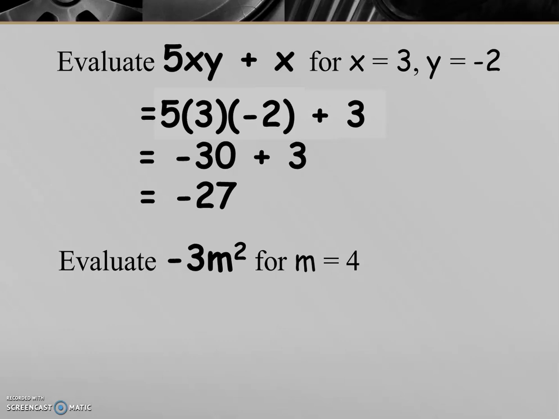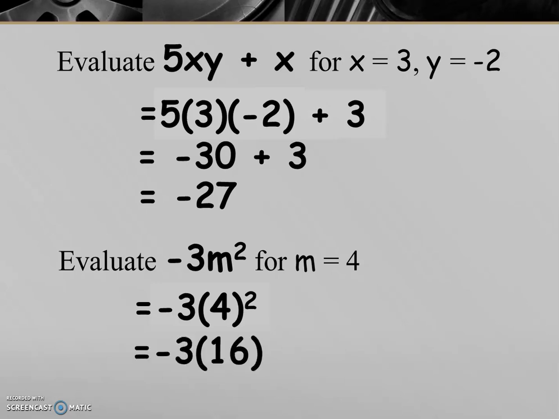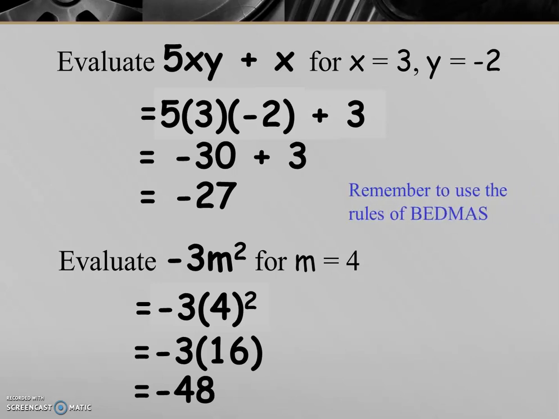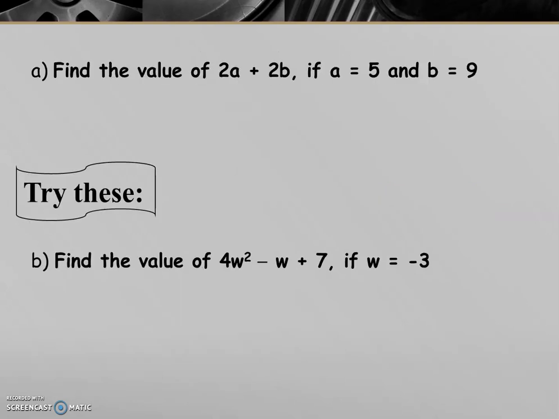The one with the exponent now, negative 3m squared, I'm asking you to replace m equals 4. Now, where am I getting this 4 from? I'm just making it up, okay? The questions you have will ask you to replace different values. So you're replacing in 4 for the m, and you have to follow the order of operations, so you have negative 3 times 4 squared, which is negative 3 times 16, giving you negative 48. As I said, you have to obey the rules of BEDMAS for doing the replacement.